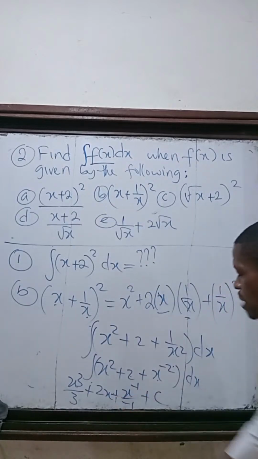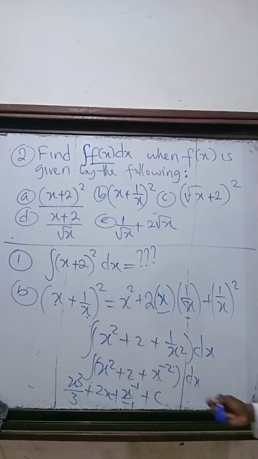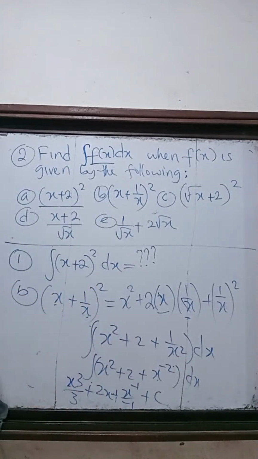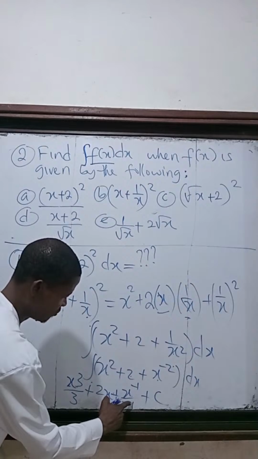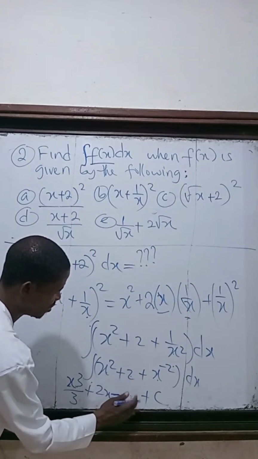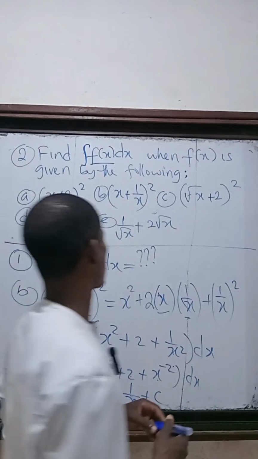Minus, that becomes minus x to the power minus 1, that's 1 over x. So that's that, and this is x cubed. So if you do the final arrangement, this will become minus, and this will be 1 over x. So that one is done.